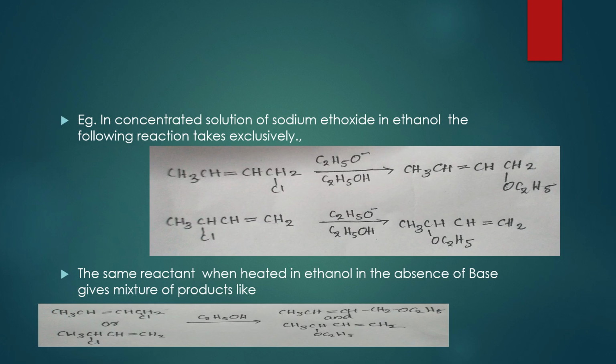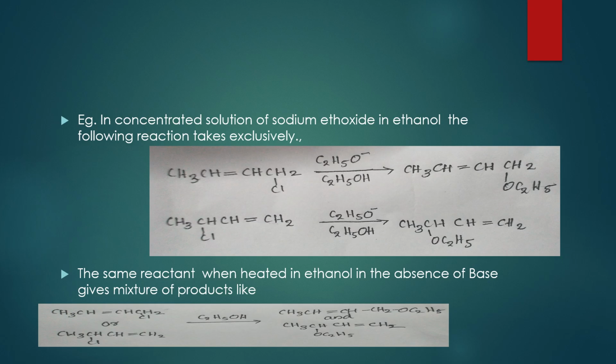So if you take 1-chloro-2-butene as a substrate, you will get 1-ethoxy-2-butene as the product. Similarly, second example, 3-chloro-1-butene: if it is subjected to SN2 reaction, that is if you treat this 3-chloro-1-butene with a solution of sodium ethoxide in ethanol, we may get 3-ethoxy-1-butene.